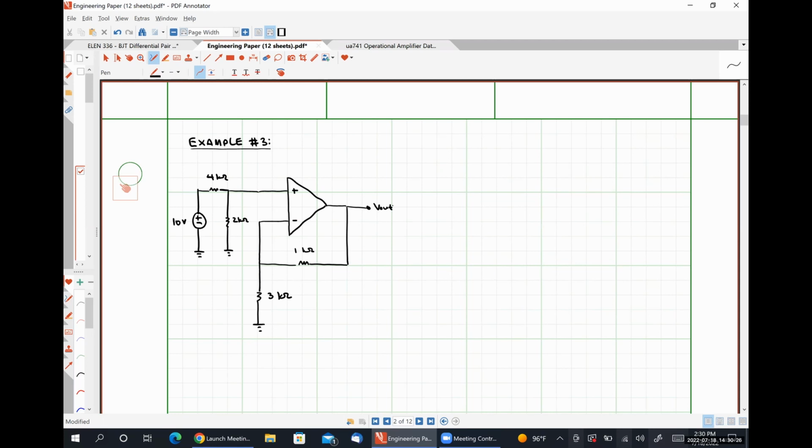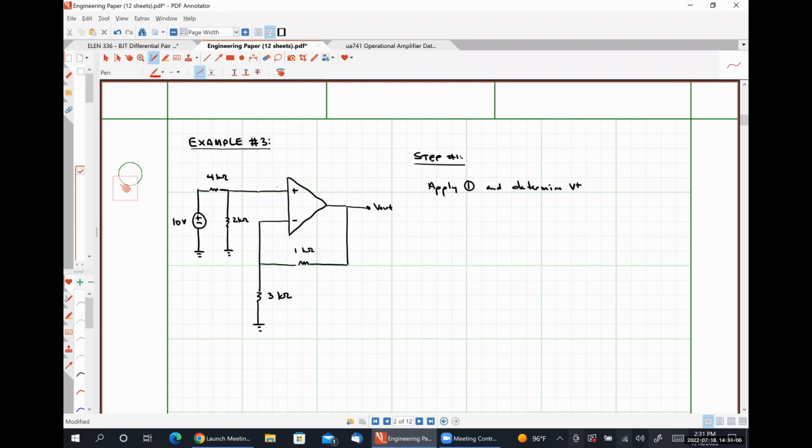So since this circuit doesn't have a voltage source connecting the inverting input terminal and the output terminal, we are going to do the three-step process involving Kirchhoff's current law. Okay. So step number one will be to apply rule one and determine V plus.